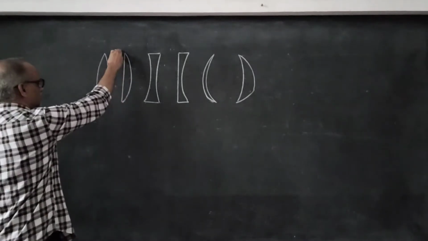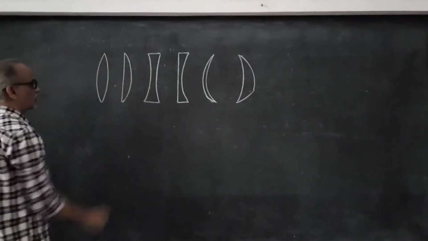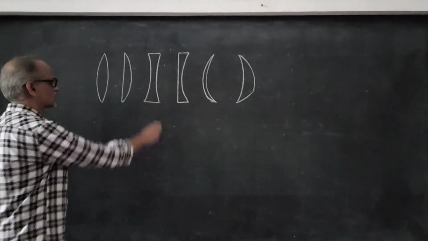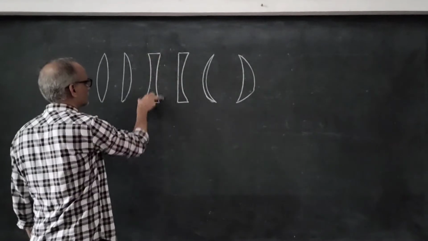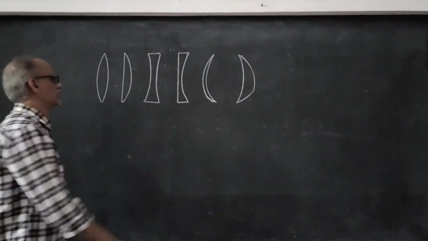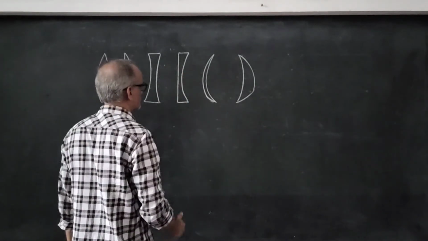A lens whose one of the surfaces is plane and the rest is convex, it's called plano-convex lens. Lens which is thinner at the center and thicker at the edge is called biconcave lens. And if one of the surfaces is plane, it's called plano-concave lens.